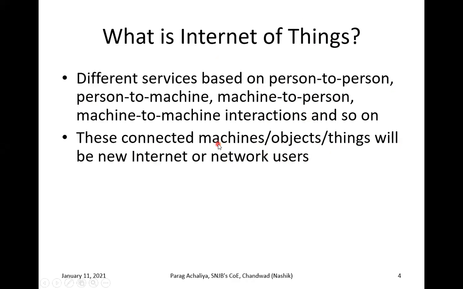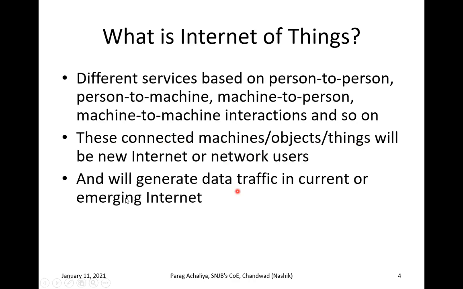You can call it a machine, object, or thing, whatever is feasible for you. If in future we come across any of these words, the meaning will be the same. So in IoT, there will be connected machines, connected objects or connected things with the help of a network.